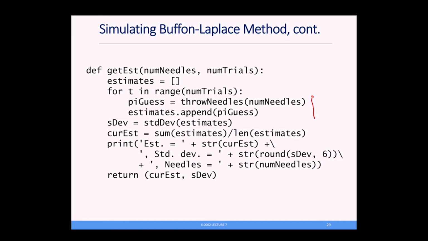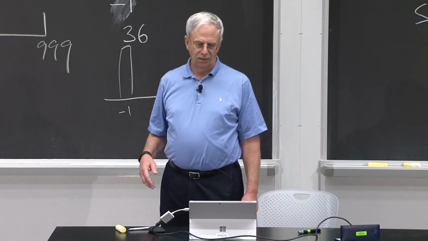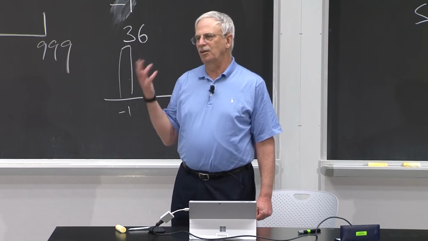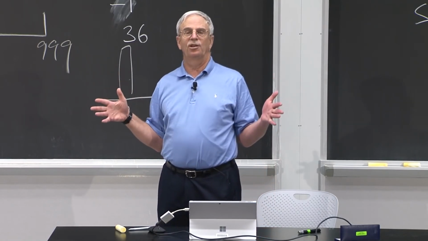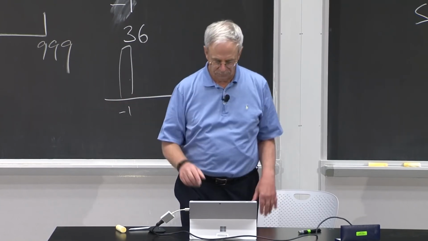We'll then compute the standard deviation, get the current estimate, which will be the sum of the estimates divided by the len of the estimates, just the mean of the estimates, and then we'll print it. All right? So given a number of needles and a number of trials, we'll estimate pi, and we'll give you the standard deviation of that estimate.